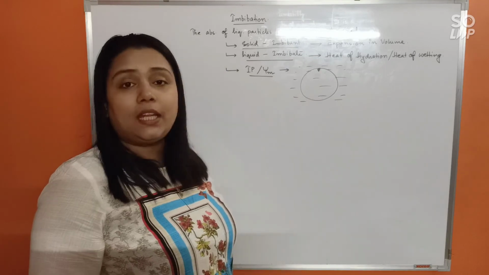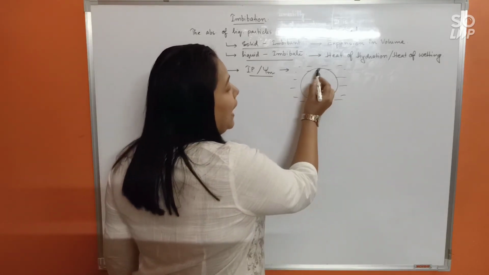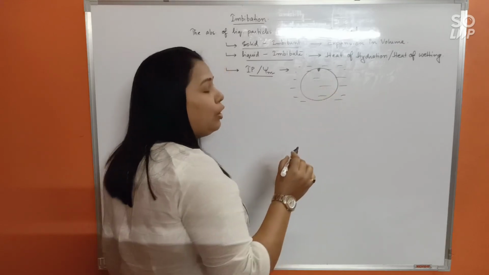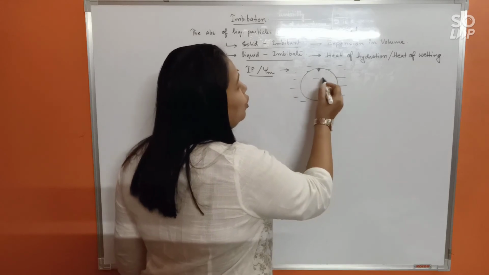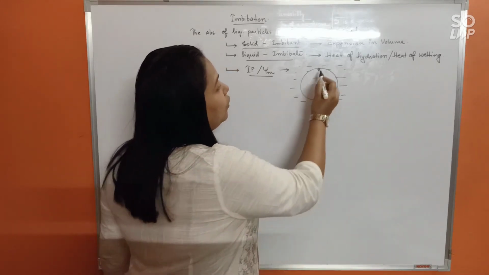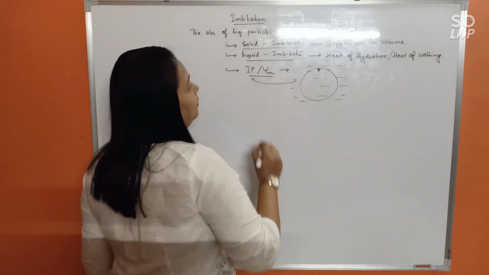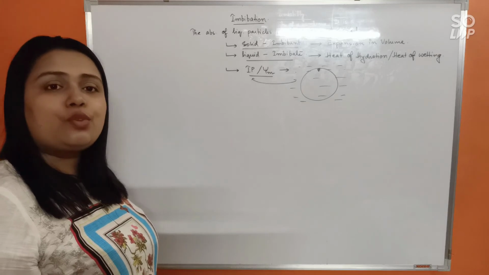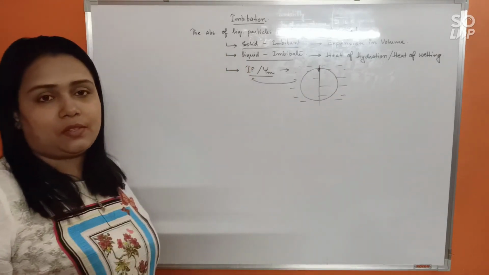So in such a condition, if you keep the rock for a while, you will find that as the wood is trying to expand in volume and it is not able to do so, a pressure of very high magnitude will be developed in this portion. That's called imbibation pressure. Imbibation pressure is so high that it can easily break the rock into two pieces.